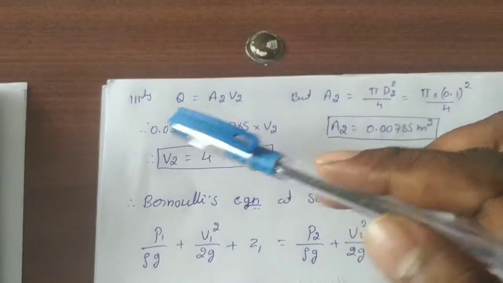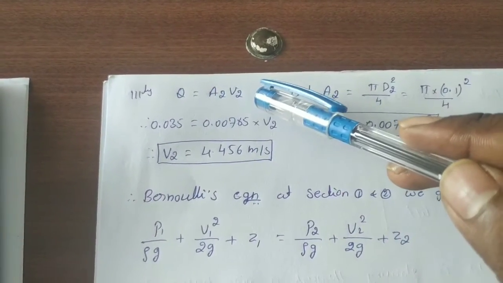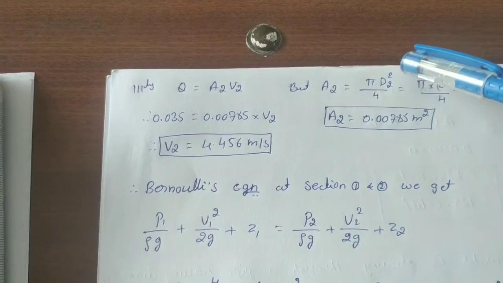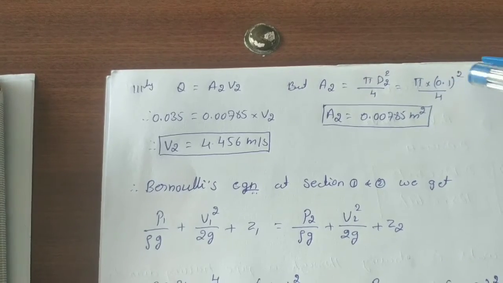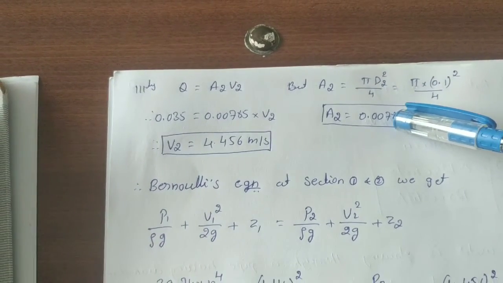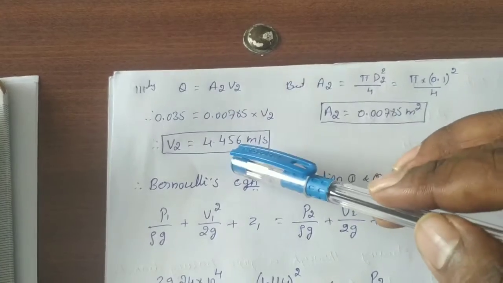So Q is equal to A2 into V2, where A2 is equal to pi d2 square by 4. Substitute the values, you get the A2 value, and then the V2 value.